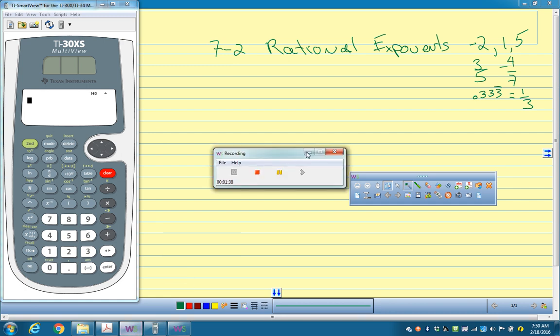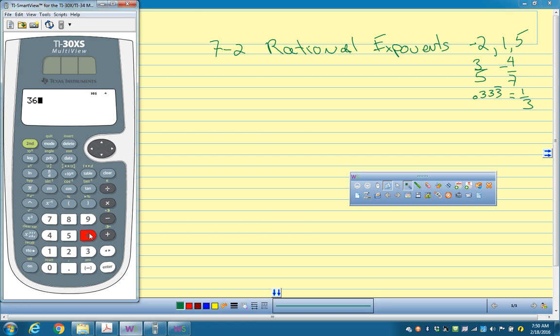I'm recording. Okay. So say I were to take 36 and raise it to the 1/2 power. You can do this on your calculator. Watch, I don't know if this is going to work. It comes out to be 6.